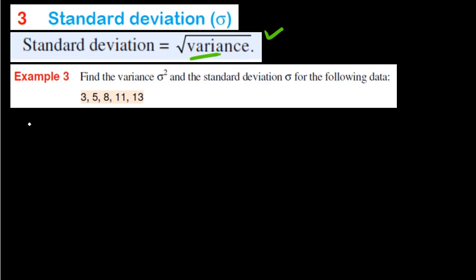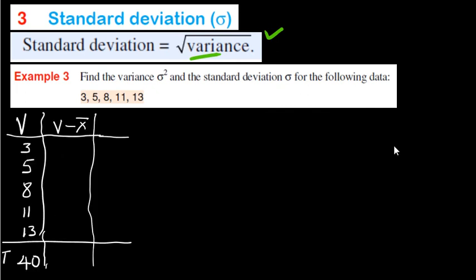Therefore, let's write each value vertically: 3, 5, 8, 11 and 13. The sum of all the data is 40. So at this point we can find the mean. Very simple. Mean is equal to total sum divided by total number of elements, which is 40 over 5 data, which is 8.